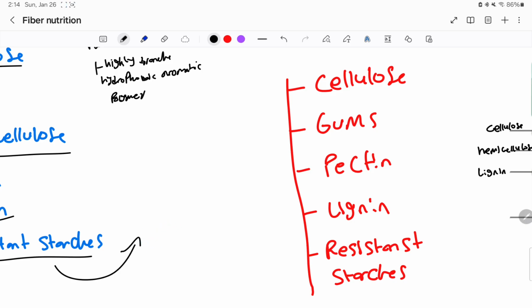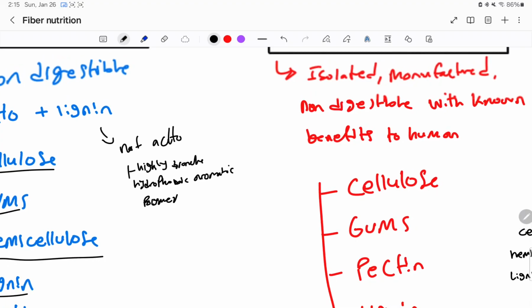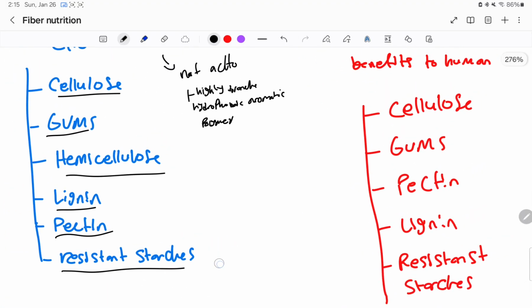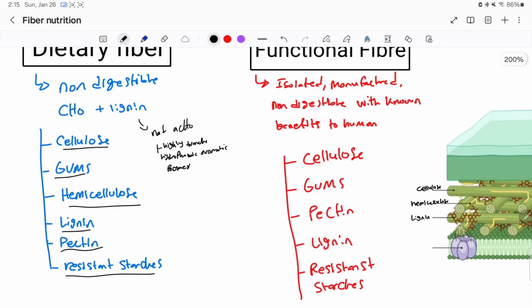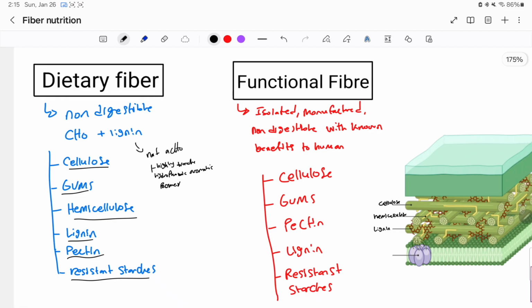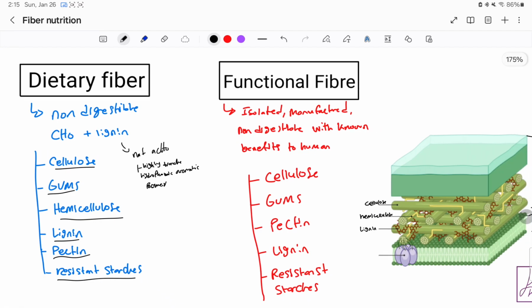Resistant starches have the same bond as regular starch, but the way they're actually packaged within the starch granules in the plants makes them not accessible to digestive enzymes. But they're very similar in structure. And of course, there are different types of resistant starches, like resistant starch 1, 2, 3, 4. We're not going to talk about that.